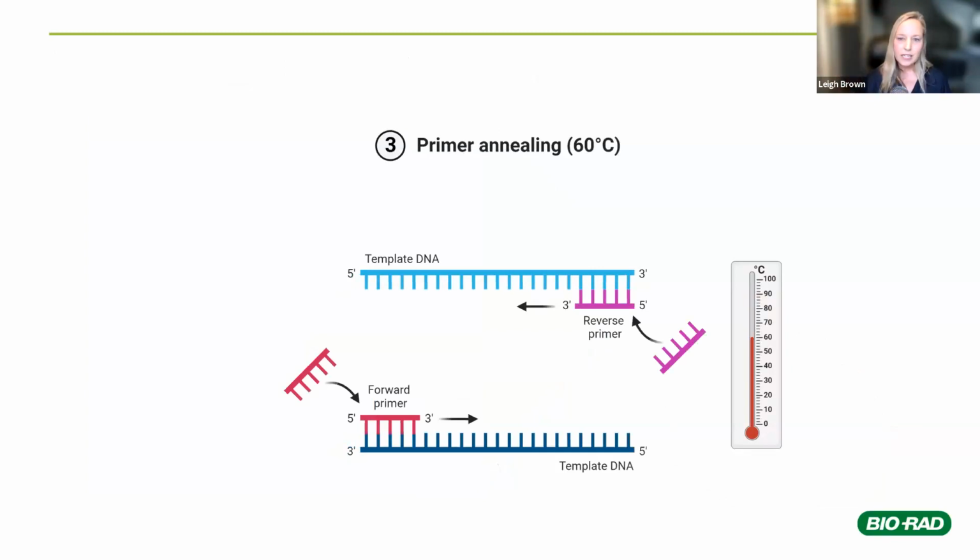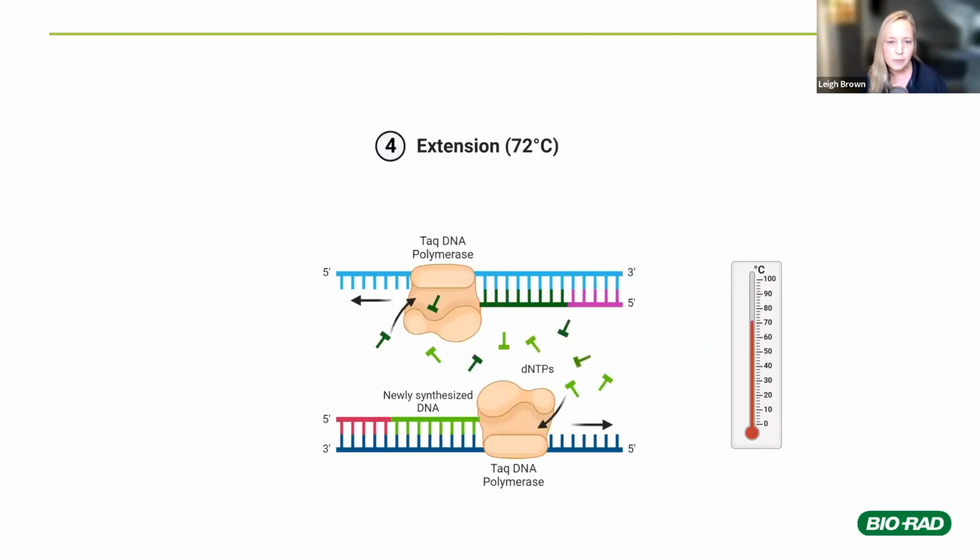And then the temperature comes down a little bit. So at 60 degrees, thereabouts, these temperatures are going to depend a lot on your primers and how much GC content. There's whole courses on primer design and things like that, but these are just rough guidelines. So lower the temperature a little bit, the primers will come on and bind. You can see there's forward and reverse primers, since that polymerase only goes in one direction and we want to copy both strands. So those primers will come on and bind, and then we'll crank up the temperature just a little bit.